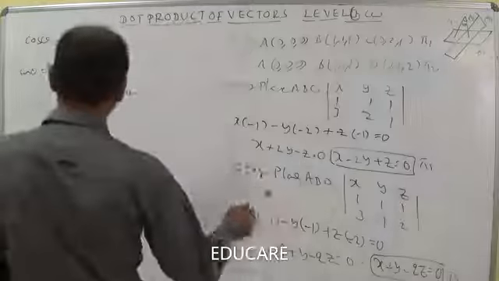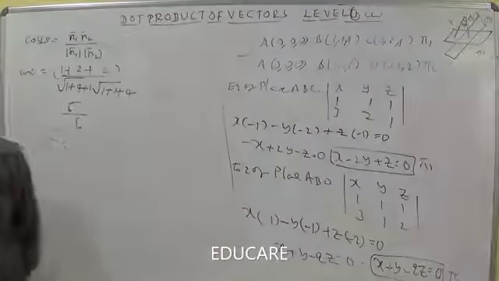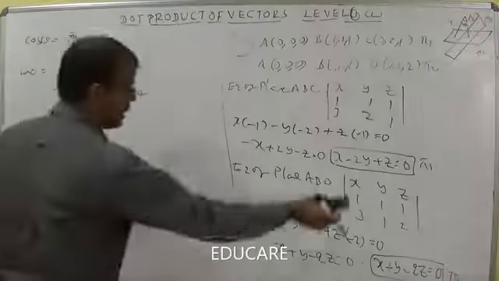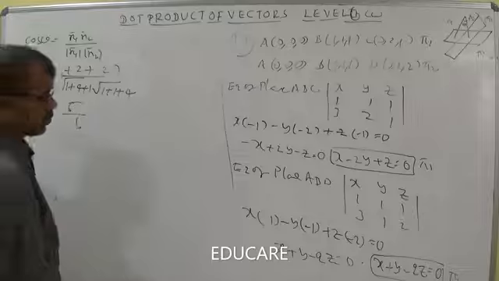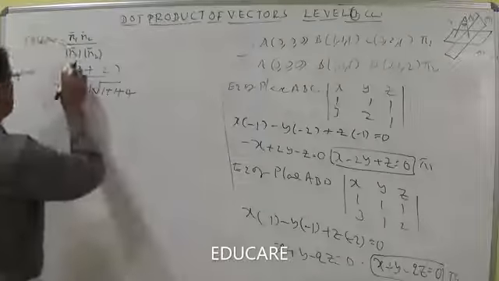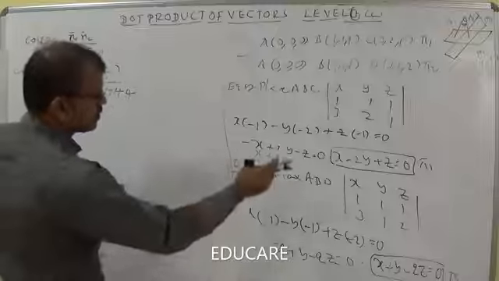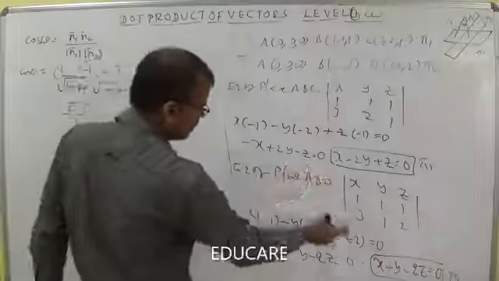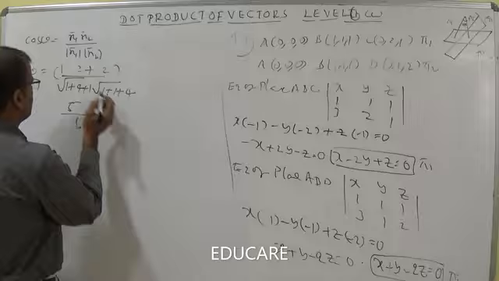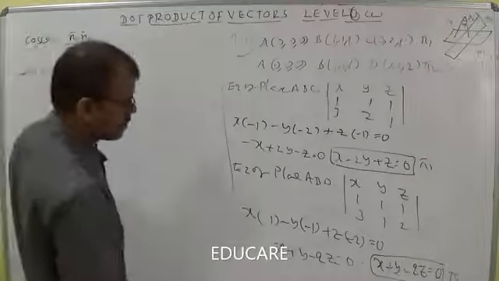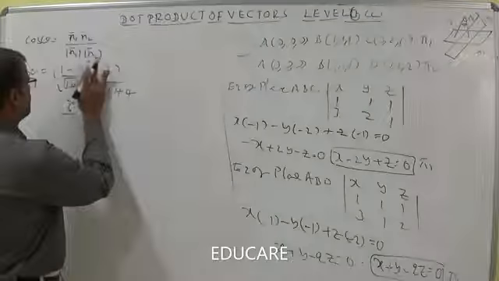So x minus 2y plus z multiplying with x plus y minus 2z, with the I dot I, j dot j concept: 1 into 1, minus 2 into 1 is minus 2, and again minus 2.